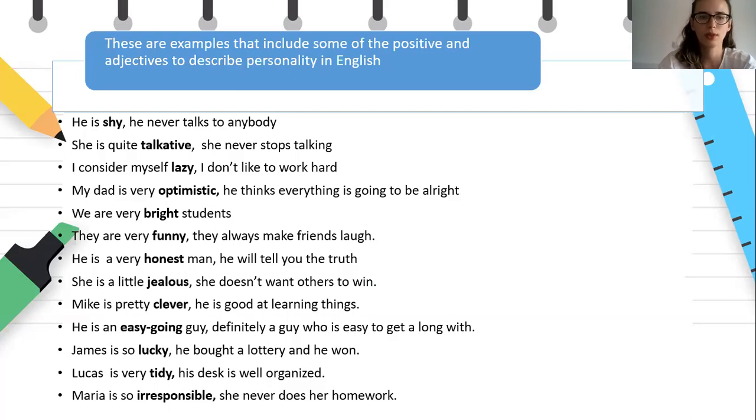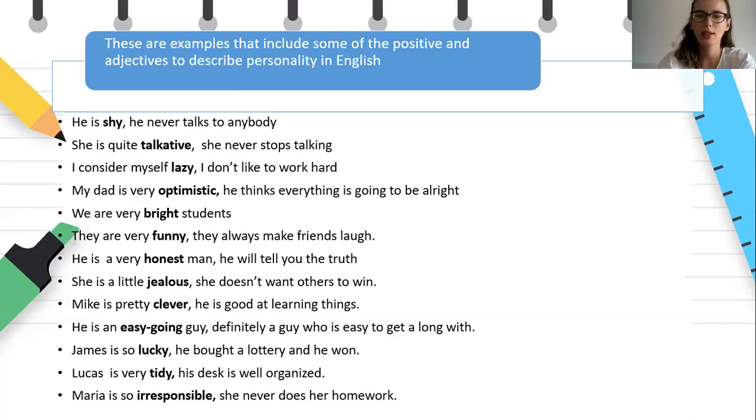We are very bright students. They are very funny. We always make friends laugh. He is a very honest man. He will tell you the truth. She is a little jealous. She doesn't want others to win. Mike is pretty clever. He is good at learning things.